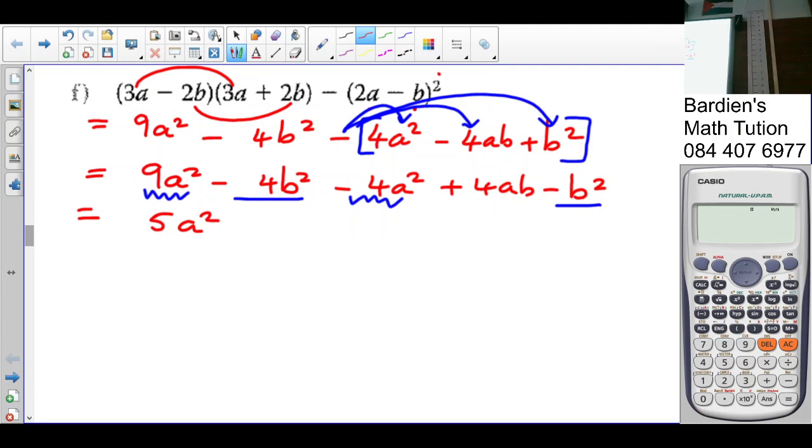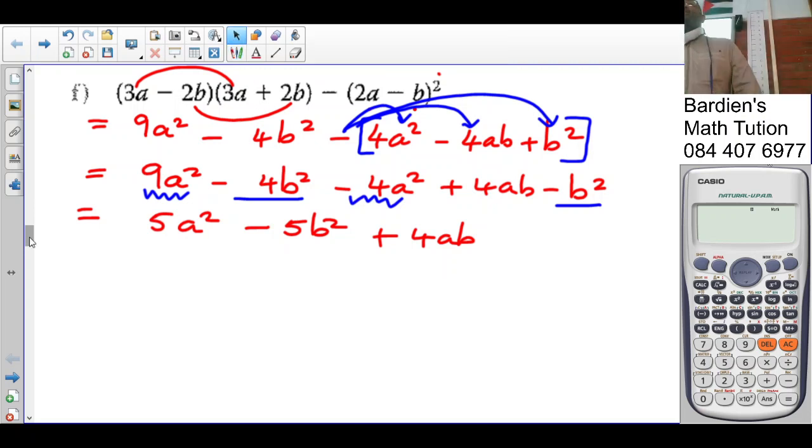Negative 4b squared minus b squared, negative 5b squared, plus 4ab. If you would have written 5a squared plus 4ab minus 5b squared, the answer is also correct. Okay? Any confusion there? You all understand?